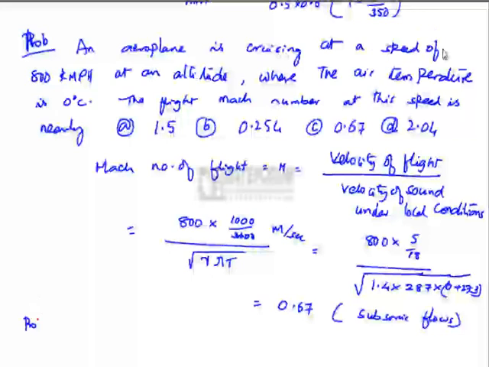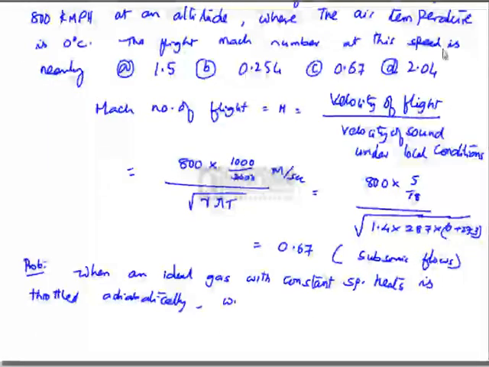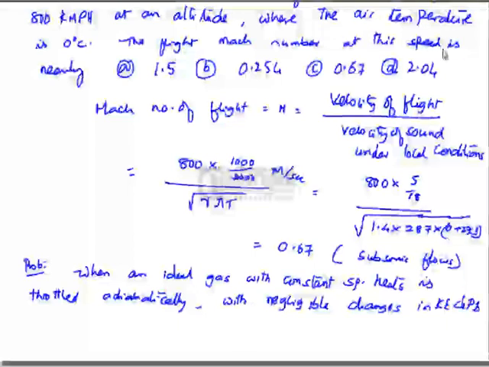I shall consider another problem on throttling. When an ideal gas with constant specific heats is throttled adiabatically with negligible changes in KE, that is kinetic energy, and PE, that is potential energy, then: A, delta H is equal to 0, delta T is equal to 0.